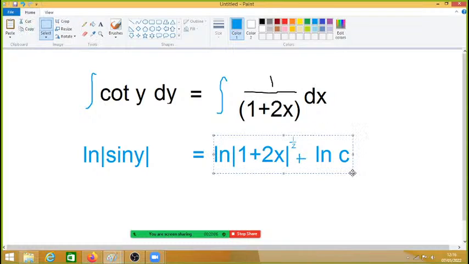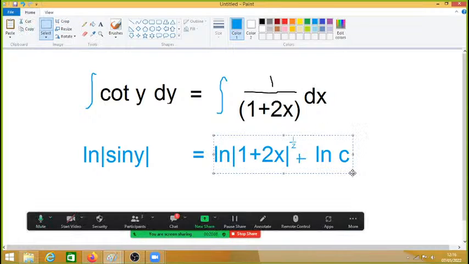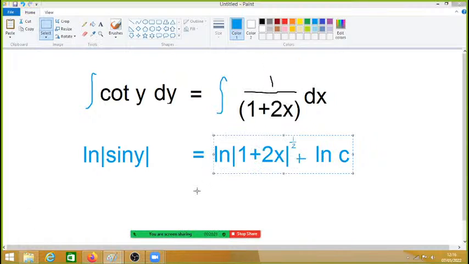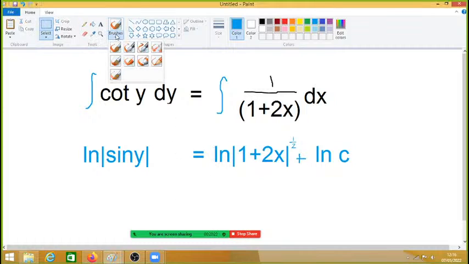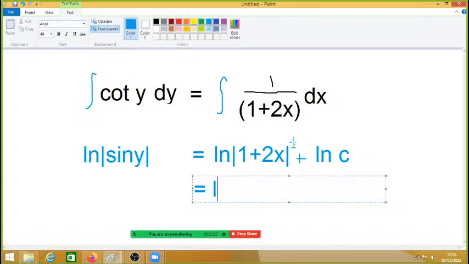When you've got two log terms, log A plus log B, you can use the rule that you can combine them into one. Log A plus log B is the same as log A times B. That's the logarithm laws that you have to try to be very quick to spot. So here we can just combine them into one.